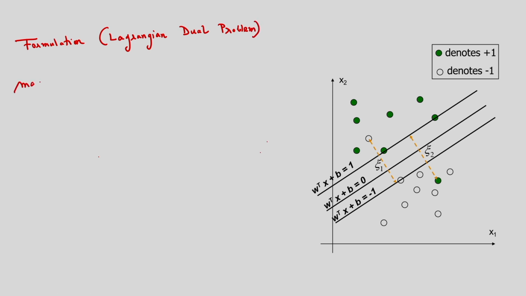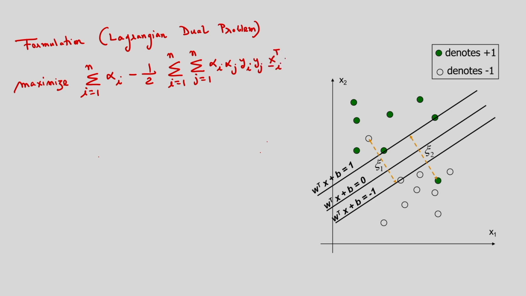So maximize Σ αᵢ for i = 1 to n minus 1/2 Σ over i = 1 to n and j = 1 to n of αᵢ αⱼ yᵢ yⱼ xᵢᵀxⱼ. So you can see it is a dot product between xᵢ and xⱼ.